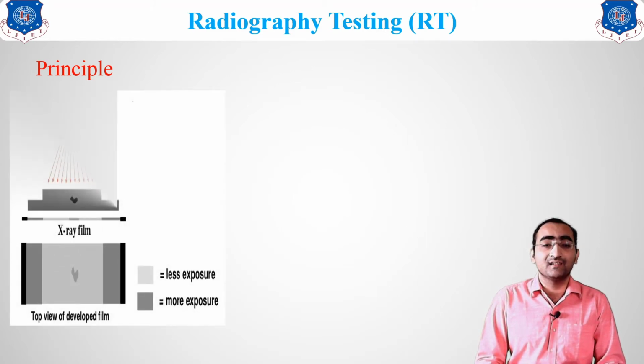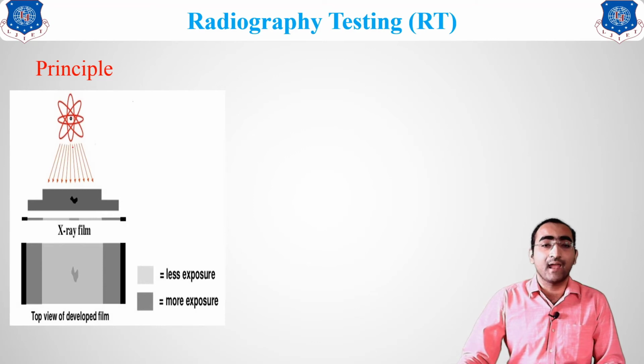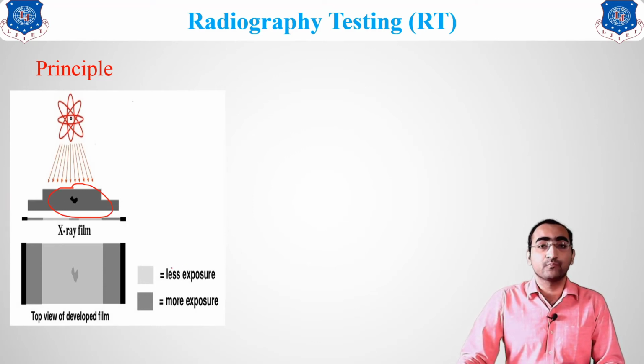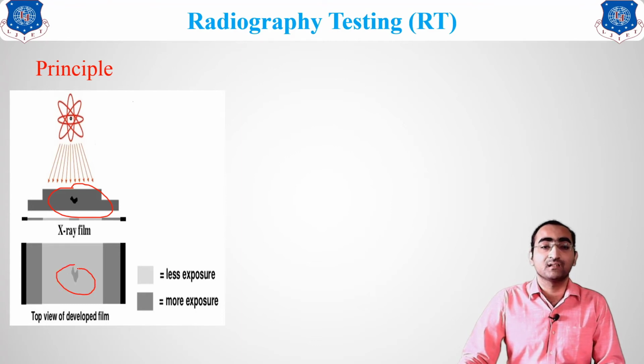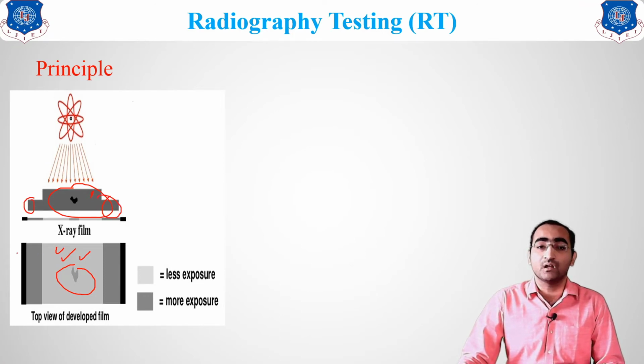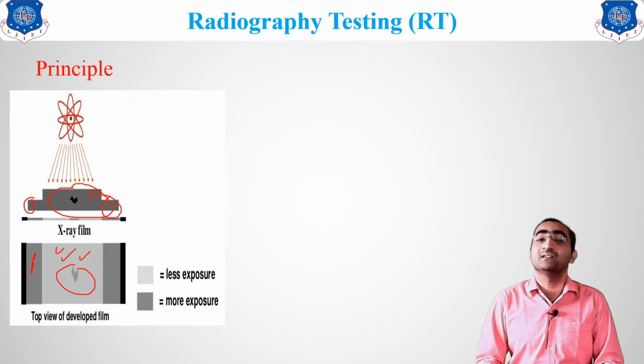So now let us see, this is your sample, exposed to the X-ray. Less absorption where there is a defect, you can see over here. Where the material is thick, more radiation is absorbed, so you can see there is a light area. Where there is a small material, less absorption is there, so darker areas are there.